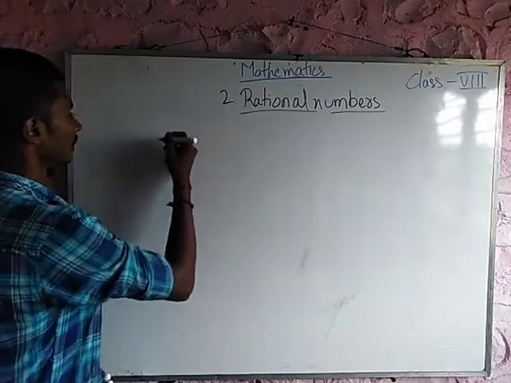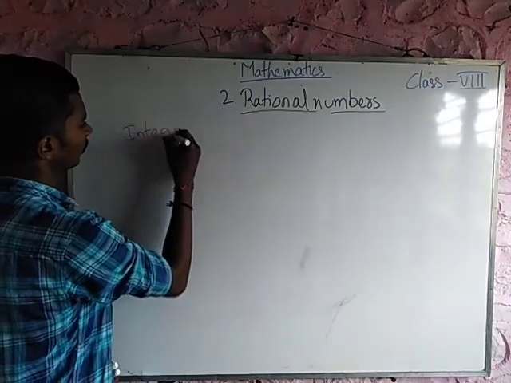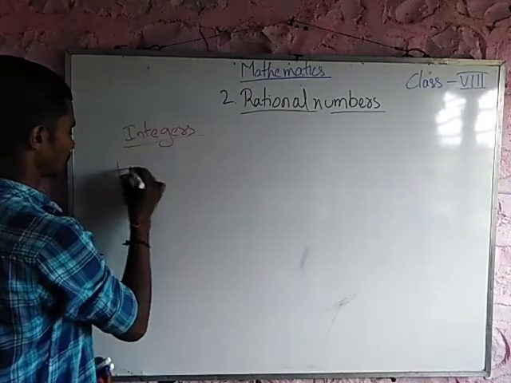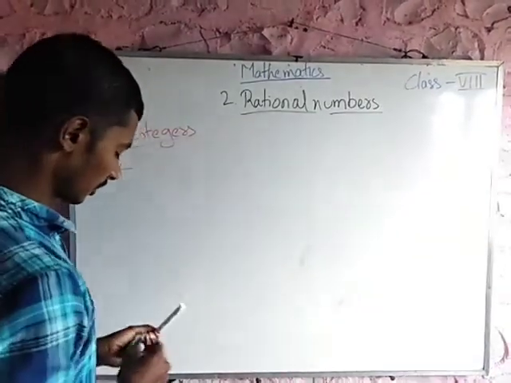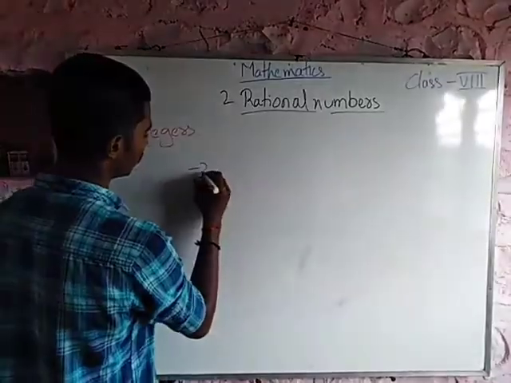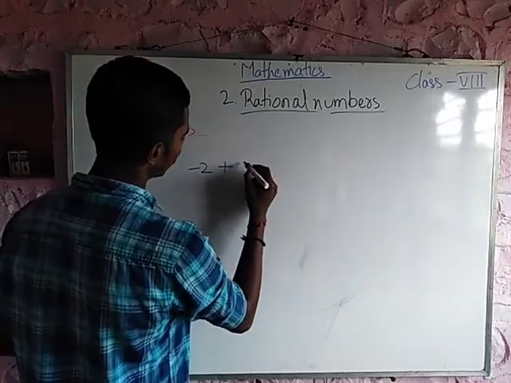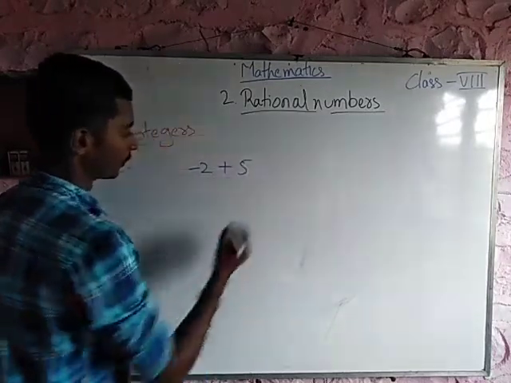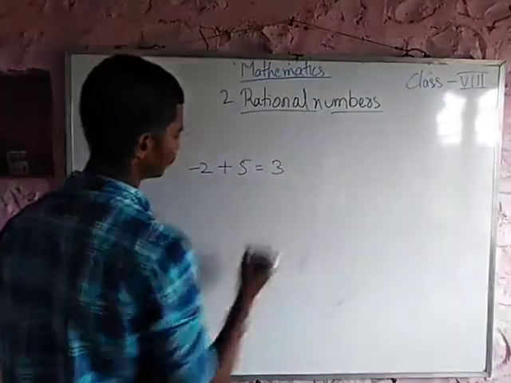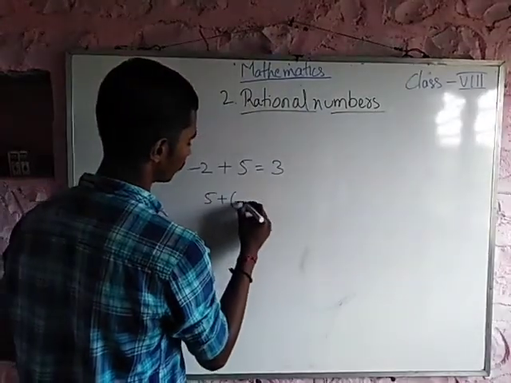Now we'll go for integers and the operation be addition. If I take integers like -2 plus 5, this gives me 3. And what is the other way? 5 plus of -2.